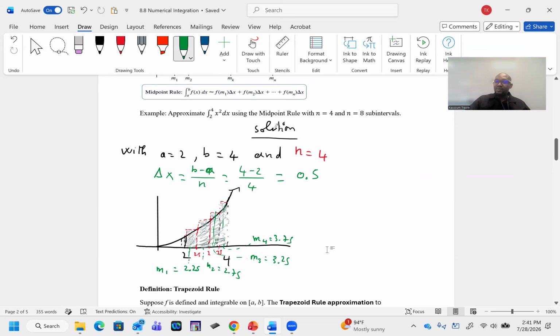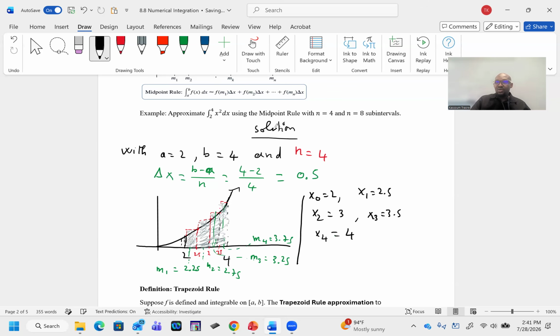So basically, we know x0 will be 2, x1 will be 2.5 because of the subinterval, x2 will be 3, x3 will be 3.5, and x4 will be 4.